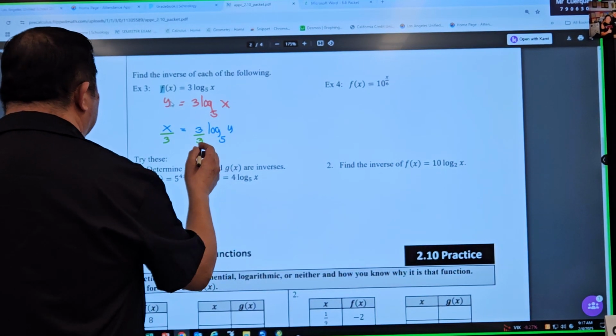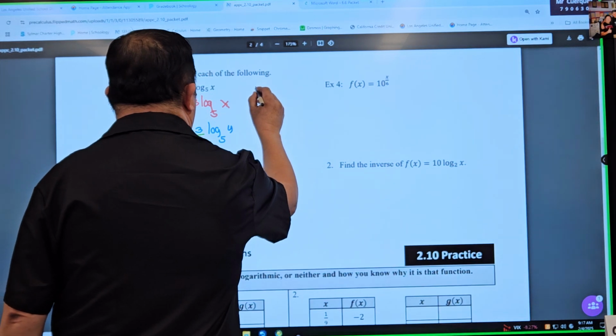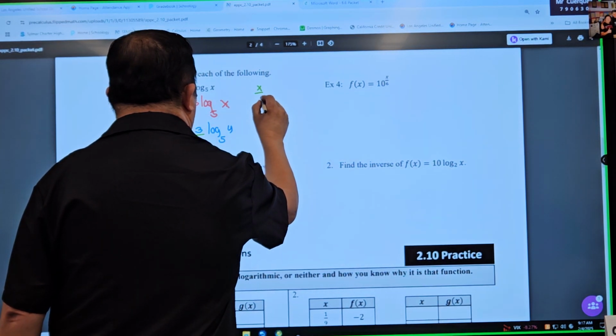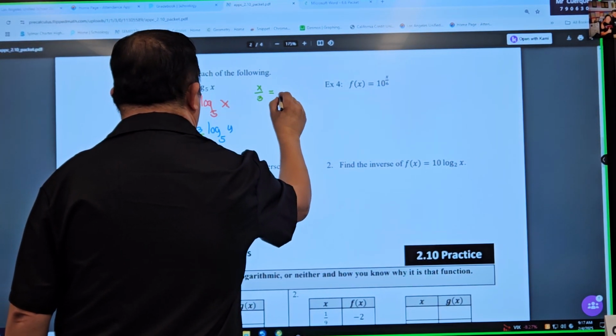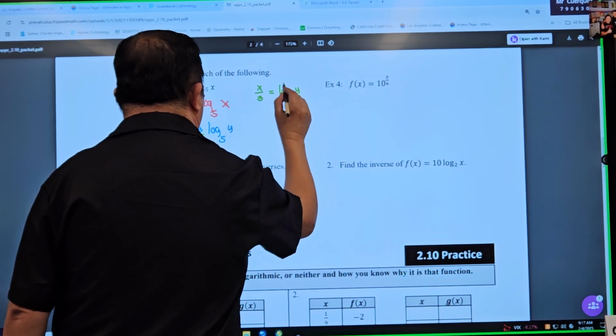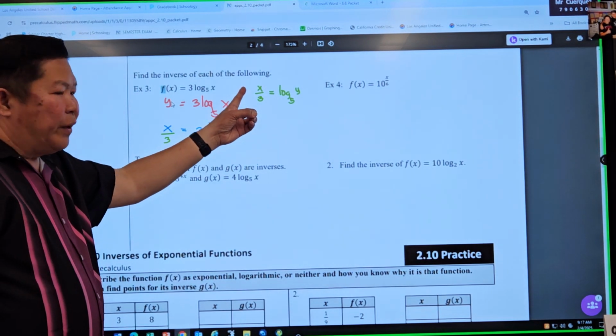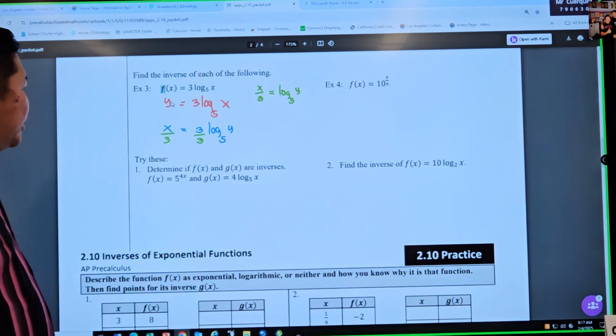So, can I continue here? x over 3 is equal to log of y to the base 5. What is the base again? The base is 5. Therefore, we're going to rewrite this into exponential form.